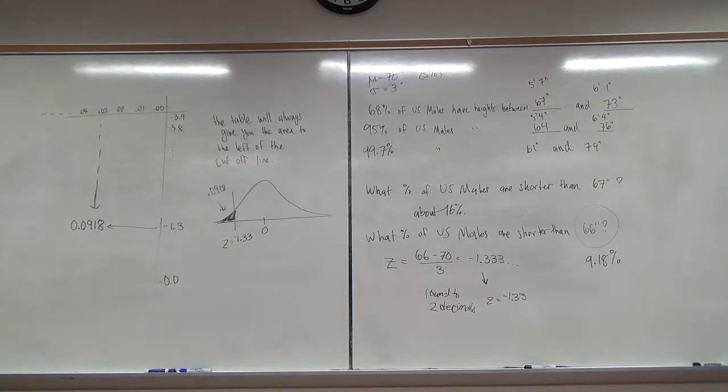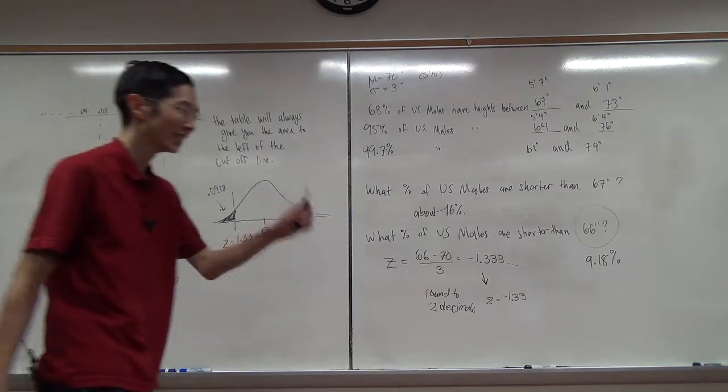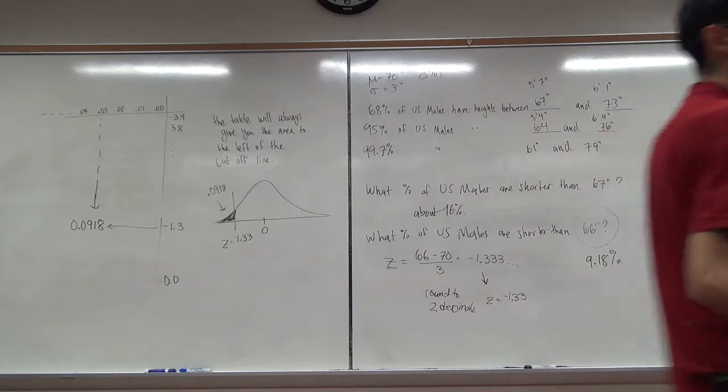Yes. Will we have this table for the test? Yes, I will provide you with the z-table. You do not have to memorize or construct or copy this into your note sheet. Yes. What is the top axis again?